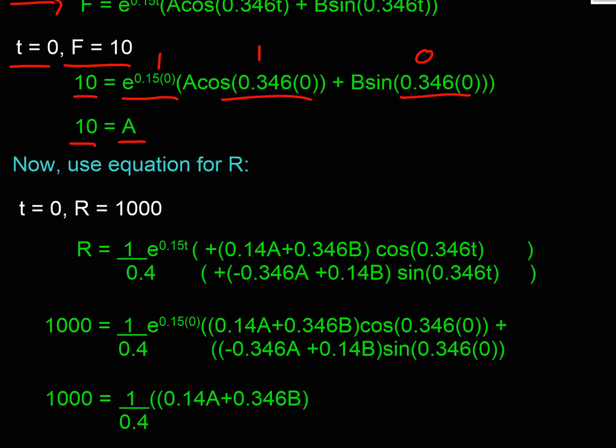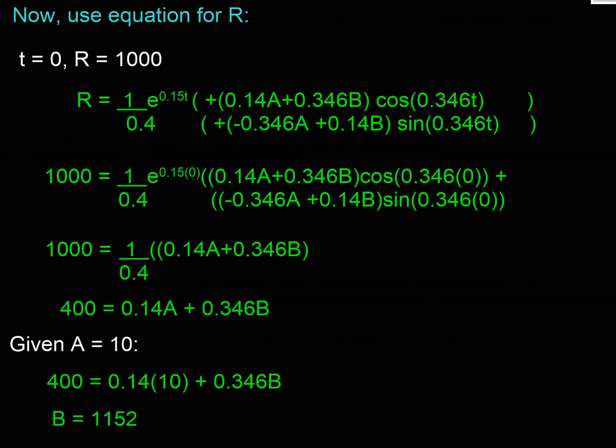A bit more difficult for the r equation, t equals 0, r equals 1,000. Substitute in here, make t equal to 0, so my cos is 1, my sine is 0, and this exponential here is going to be 1, so I get this expression here: 1,000 equals that, multiply it by 1,000, divide by 0.4 rather, and I get this one.